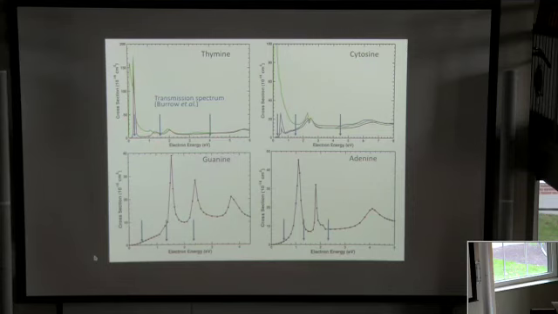And you can see that he was predicting 3 resonances, 1 there, 1 there, 1 there. In both of these cases, thymine and cytosine, we were predicting resonances.